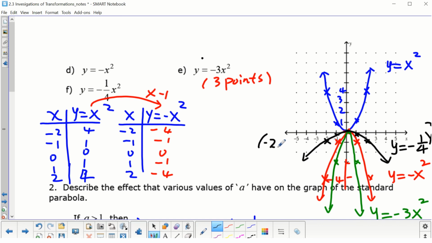The original point, parent function, is 4, then times -1/4 gives you -1. So this is how you find the new point. It's here. And the symmetric point will be (2, -1). So you just find the left 2 points, the other 2 points are just symmetric on the other side. So -x² is +1 becomes -1. Then +4 becomes -4. Other 2 points symmetric.